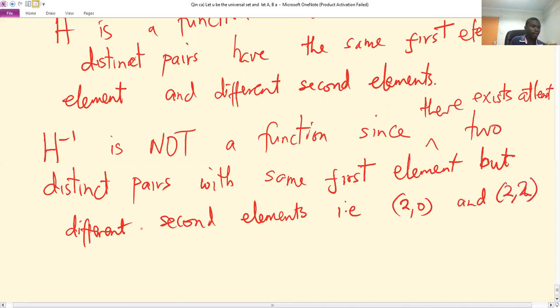Another one is (5, 3) and (5, -1). So that is why H inverse is not a function.